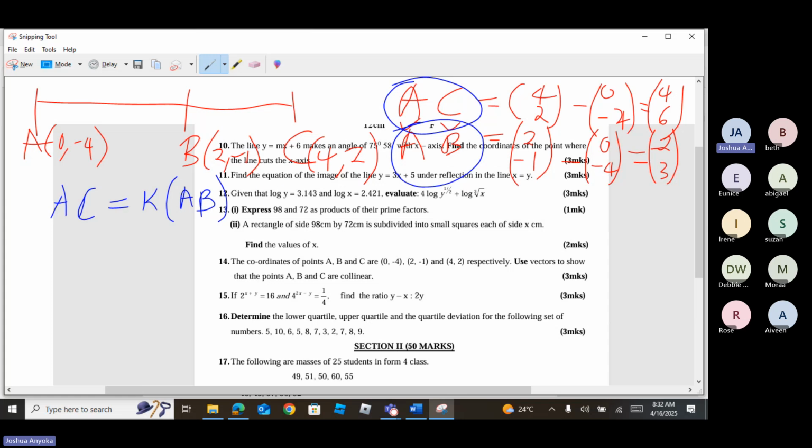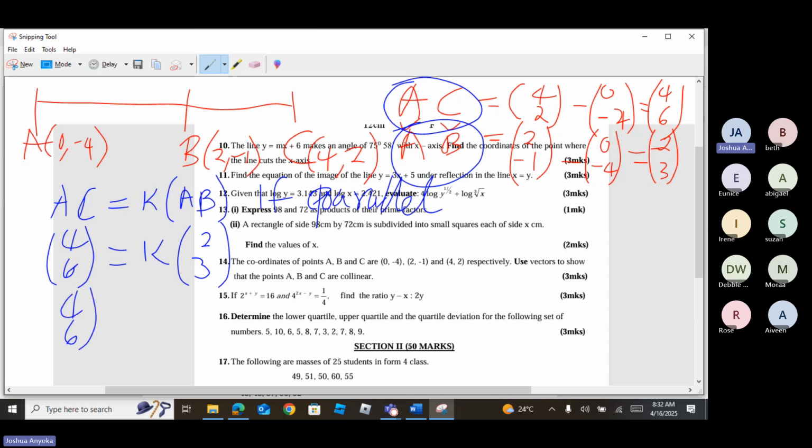So we prove whether the 2 vectors are parallel. If the 2 vectors are parallel, one vector can be expressed as a scalar multiple of the other vector. So substitute what we know: (4, 6) is equal to k times (2, 3). Open brackets, (4, 6) is equal to (2k, 3k).